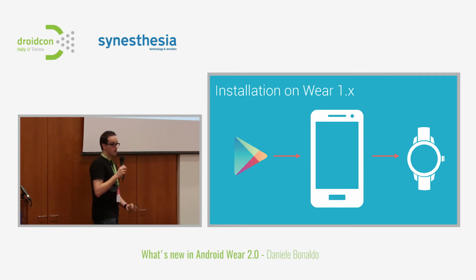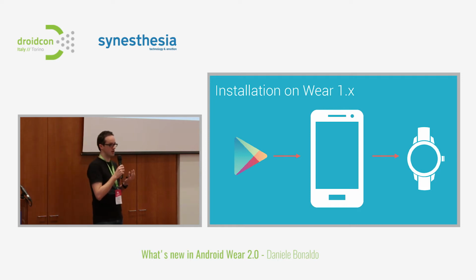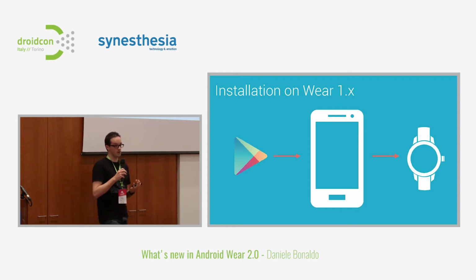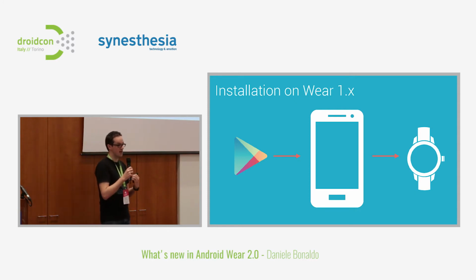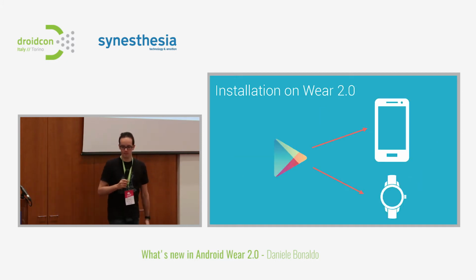The phone was the only component, the only actor that had direct access to the Play Store. So usually, the user was browsing from the phone or the web for applications to be installed. The main application was installed on the phone, and then the package manager was responsible to extract a secondary APK, which was the actual watch one, which was then forwarded to the watch and installed.